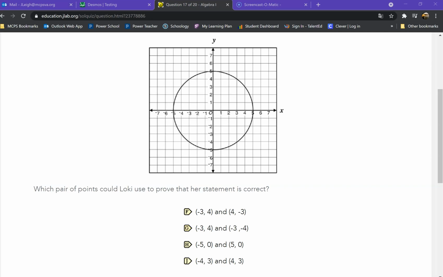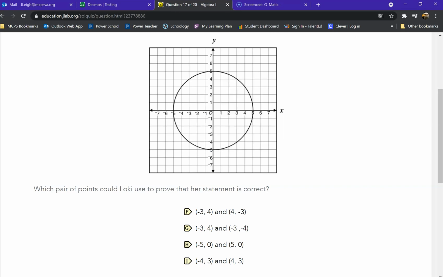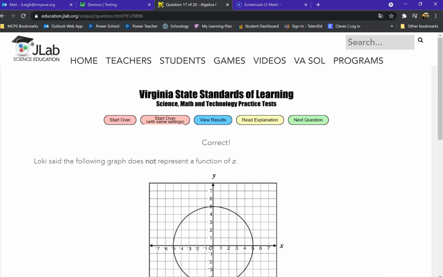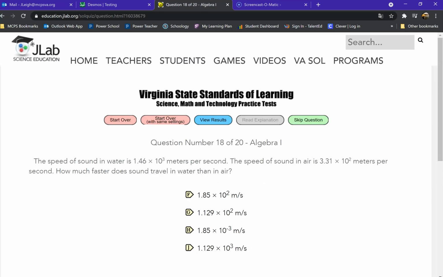So -3, 4 would be up here, and -3, -4 would be down here. They're on the same line, so they prove that this is not a function. So I'm going to go with G. Yeah. All right.